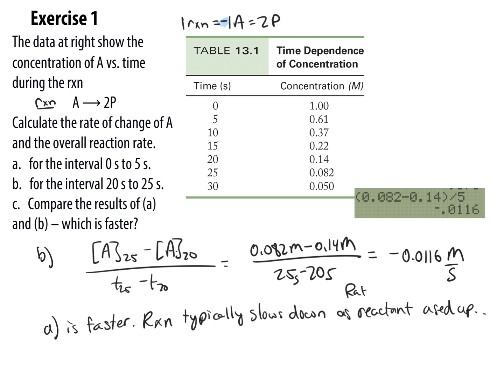So the overall reaction rate is just positive 0.0116 molar per second, because the coefficient on A in the balanced reaction is 1. Part A has the faster rate, and that is typical. The reaction is normally going to slow down as a reactant is used up. Not always, but usually that's the case.